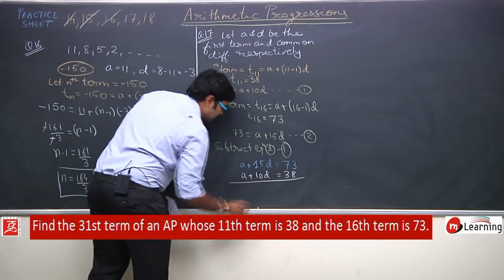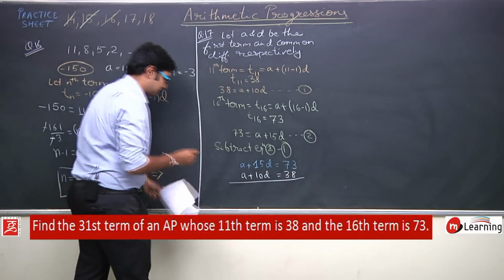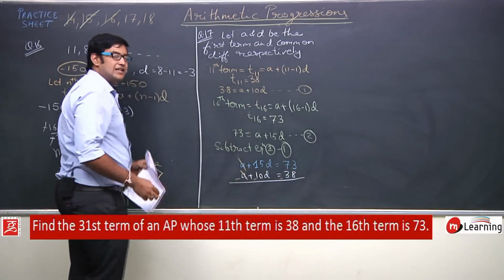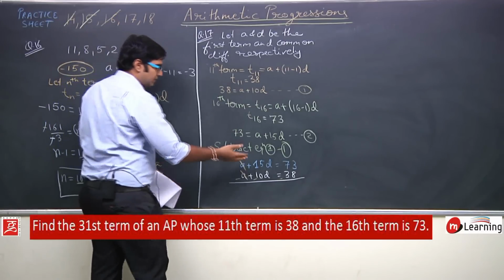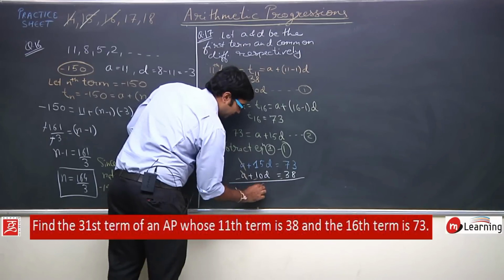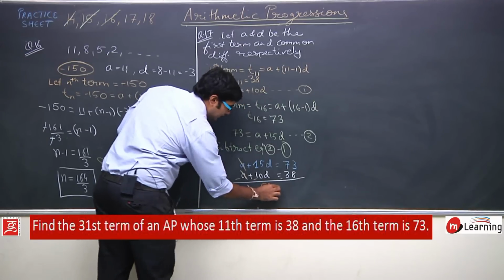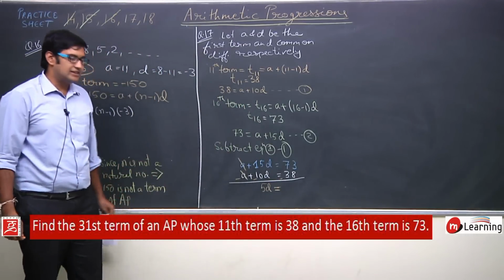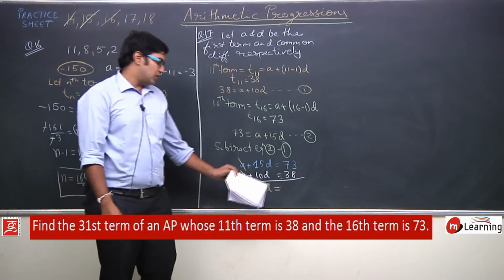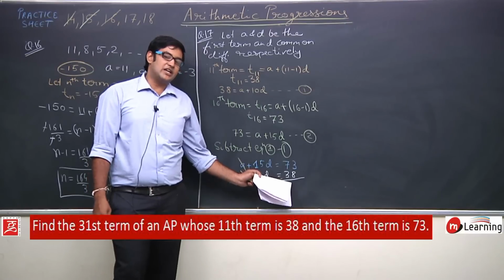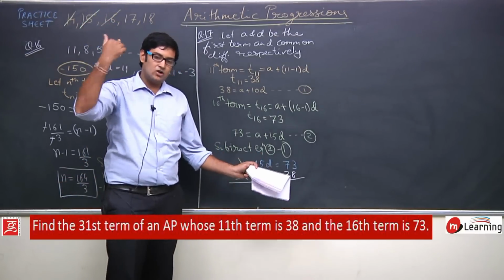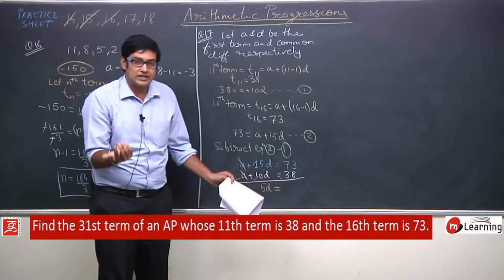Okay. Now when you subtract these two equations, the A and A will get cancelled, and 15 minus 10 is 5 D, and what is 73 minus 38? You can do one thing, add 2 to this 38, it will become 40. And how to get 73 from 40? How much do I need to add? It is 33.